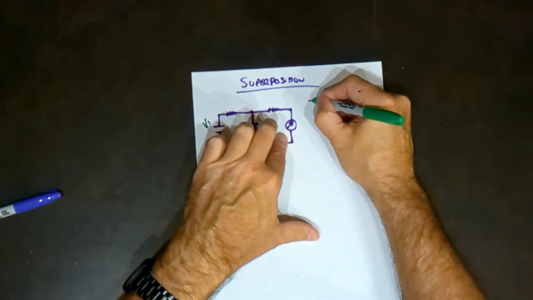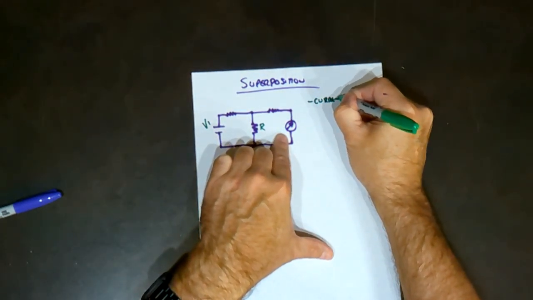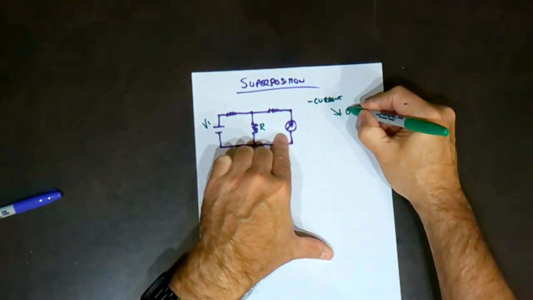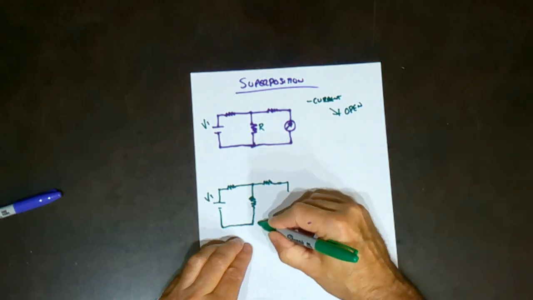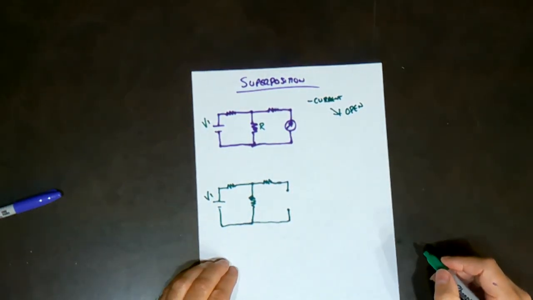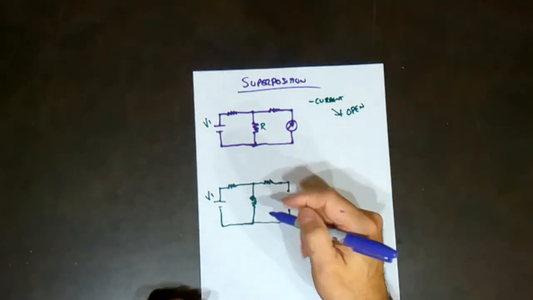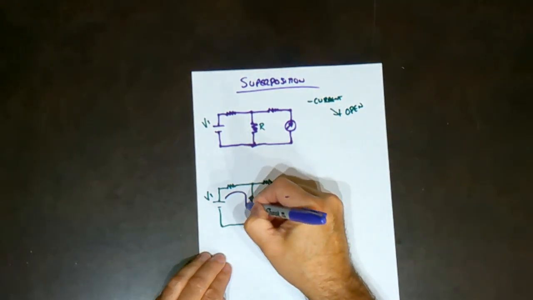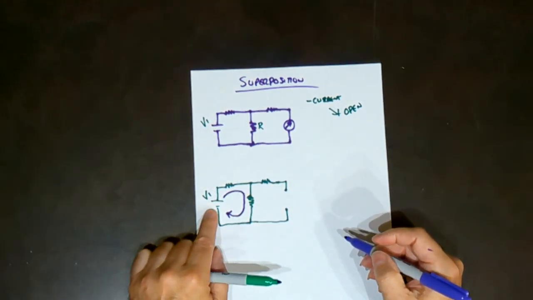If it is a current supply like this one, you leave them open. So that means that you just get rid of them. And now you're going to calculate the current that is flowing through the circuit with just one power supply.